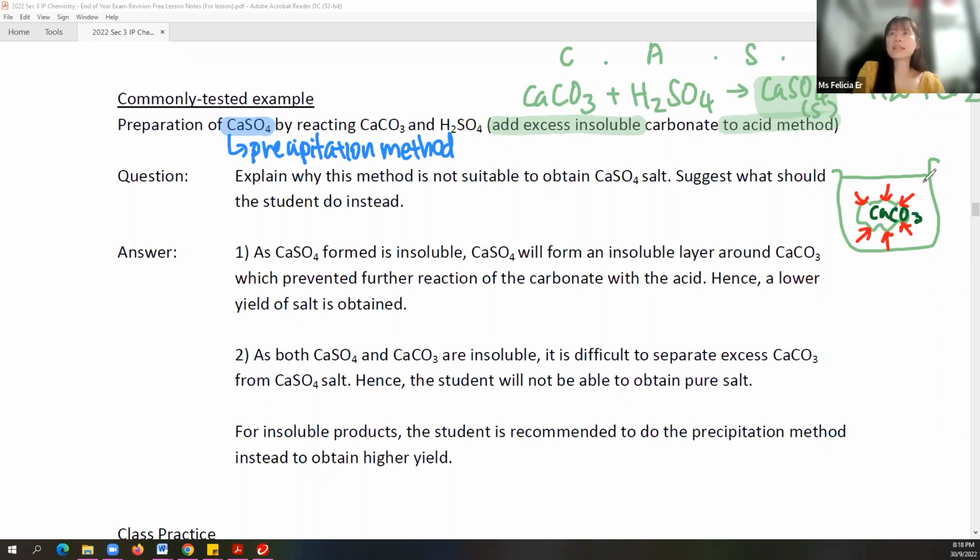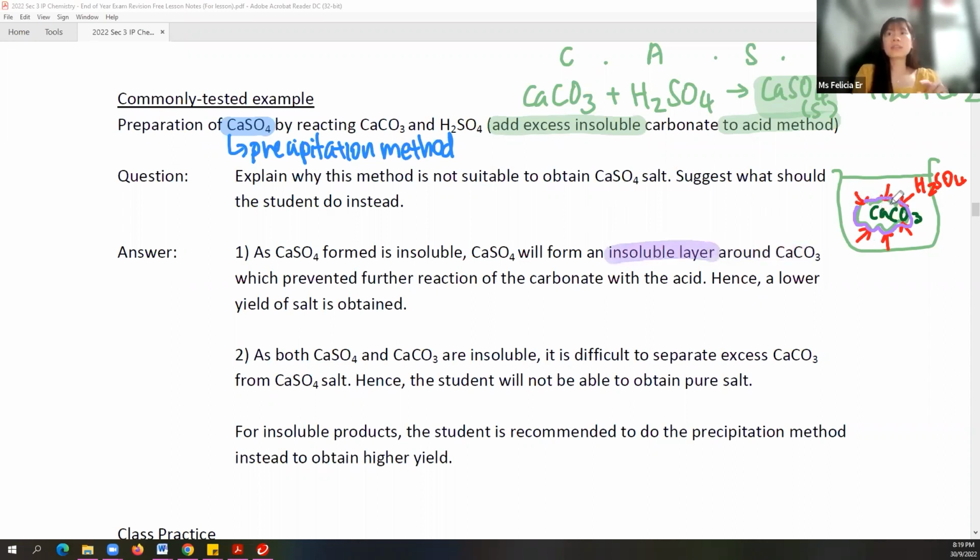So if my acid were to react with the CaCO3 over here, after a while, you will form this CaSO4. This CaSO4 will end up forming a layer around this substance because CaSO4 is insoluble. Because usually when you react, you always react with the outside. You can't possibly react with the inside, right? So if you react with the outside and the product formed is solid, it means you will form an insoluble layer around this CaCO3.